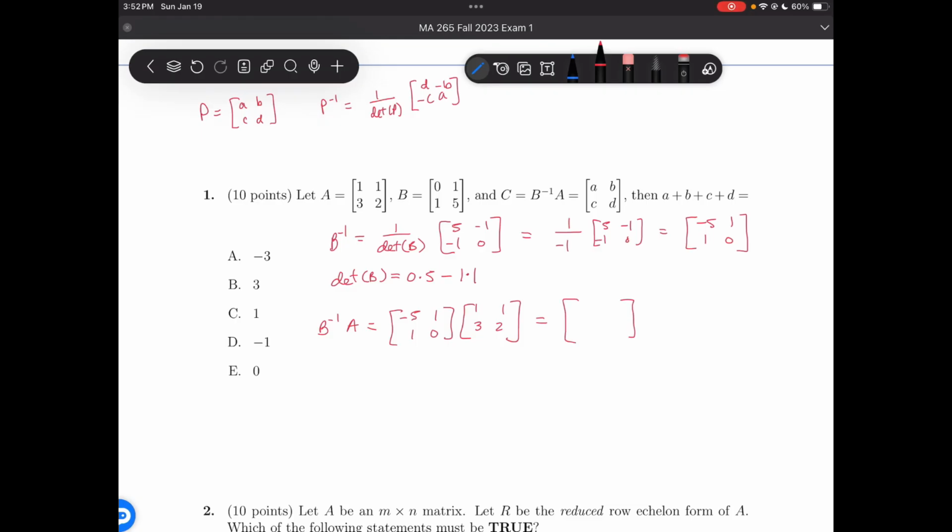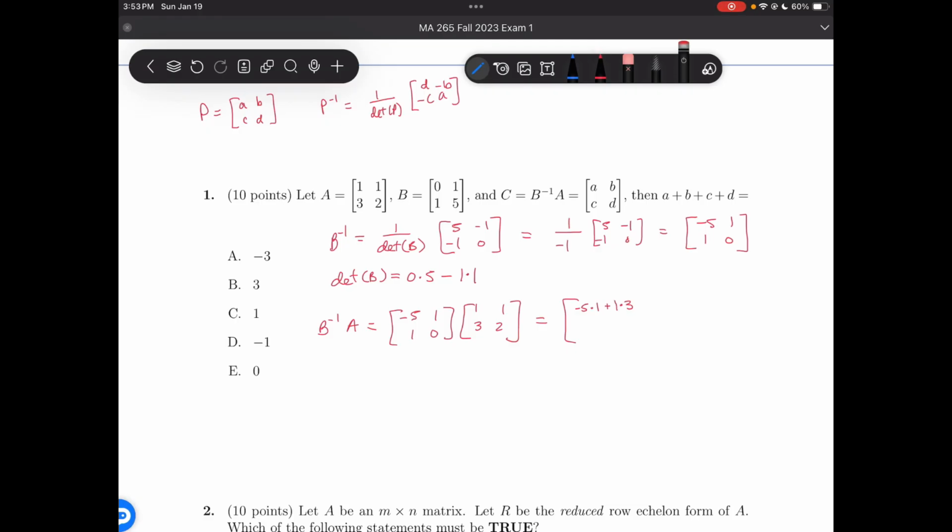The way we do matrix multiplication is, to find the value of the entry in the first row and first column, we take the first row of the first matrix and the first column of the second matrix, and we take the dot product of the row and the column. So in this case, that would be negative 5 times 1 plus 1 times 3.